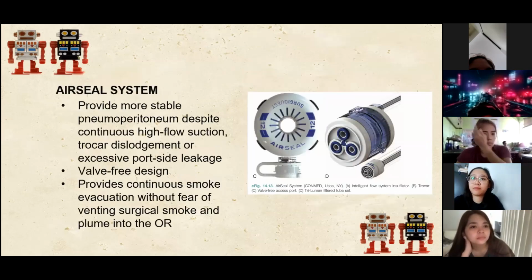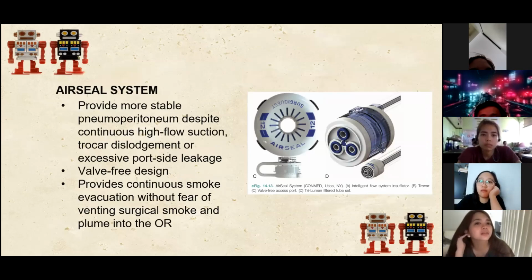Next, please. So, technologic advance in trocar and insufflation technology has addressed some of the limitations of existing trocar systems, including air leak, the need for reducers, and specimen removal.